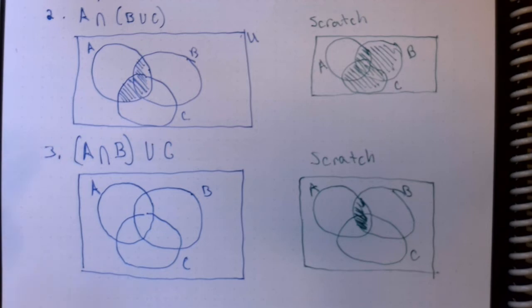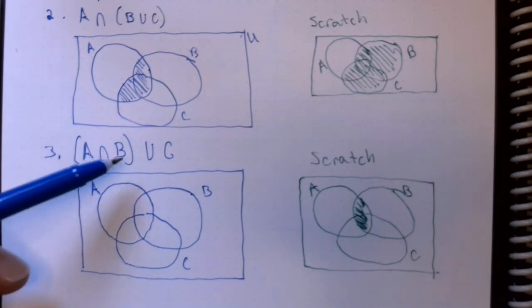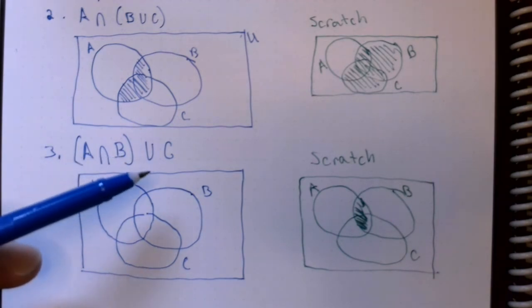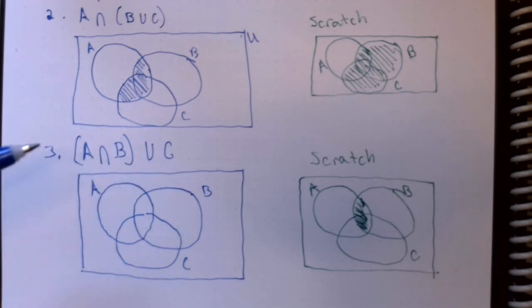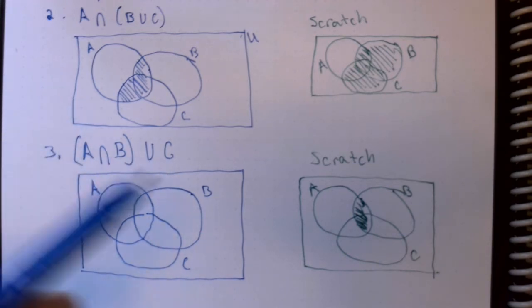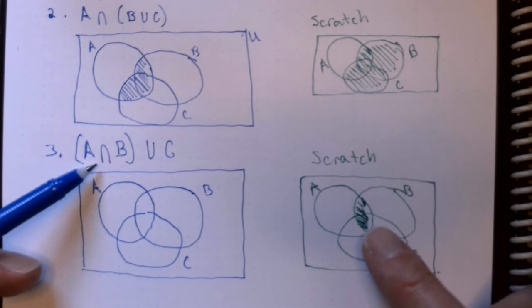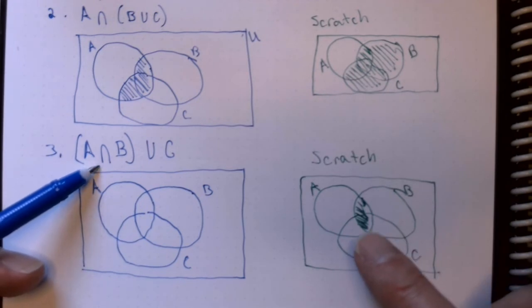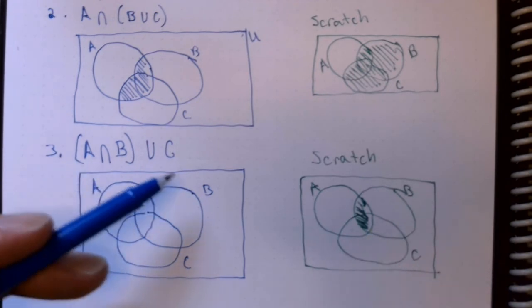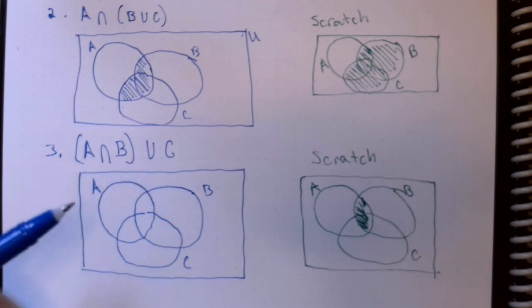Okay, now for the problem, I'm supposed to do a little bit more than just find A intersect B. I'm supposed to take A intersect B and then put that together with C. So remember, an intersection usually gives us a smaller set than either of the sets we started with, and a union typically gives us a bigger set.